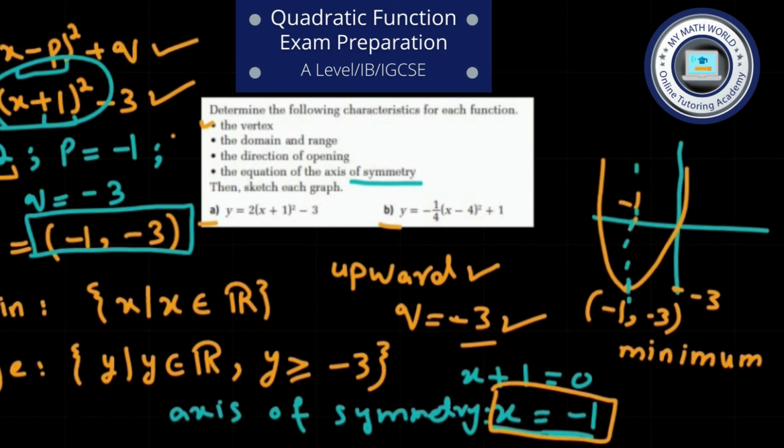This blue dotted line is the axis of symmetry where x is equal to minus 1 is the equation. So that's all about part A. We figured out the vertex, domain and range, direction of opening, equation of axis of symmetry, and then this sketching. This sketching is already done over here.